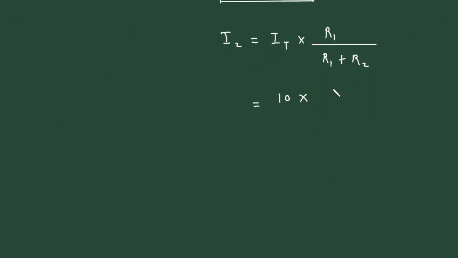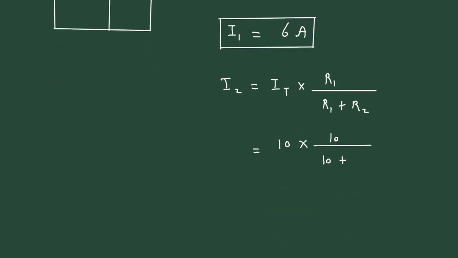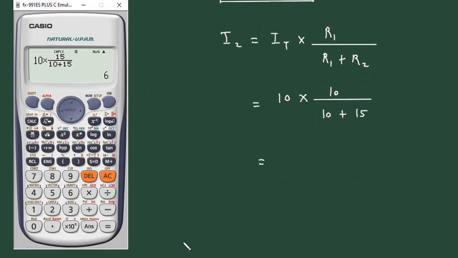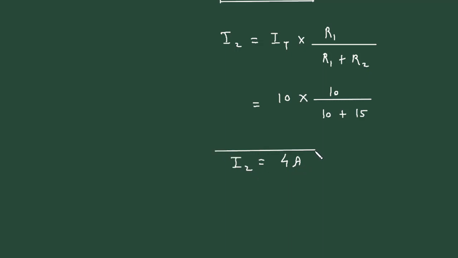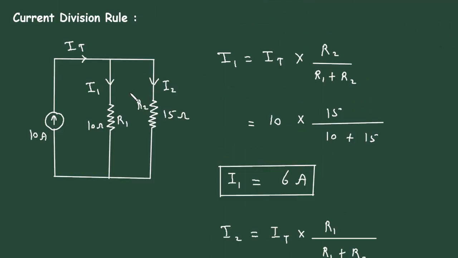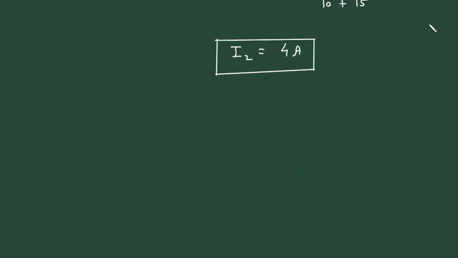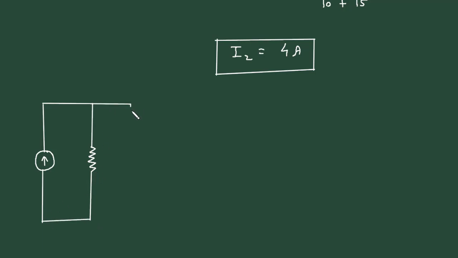Let's say this is of 15 ohm and this is of 10 ohm, and this current source value is, let's say, 10 ampere. Let's say this current will be total current IT. This current, let's say this is current I1 and this is current I2. Now we have to find I1 and I2.